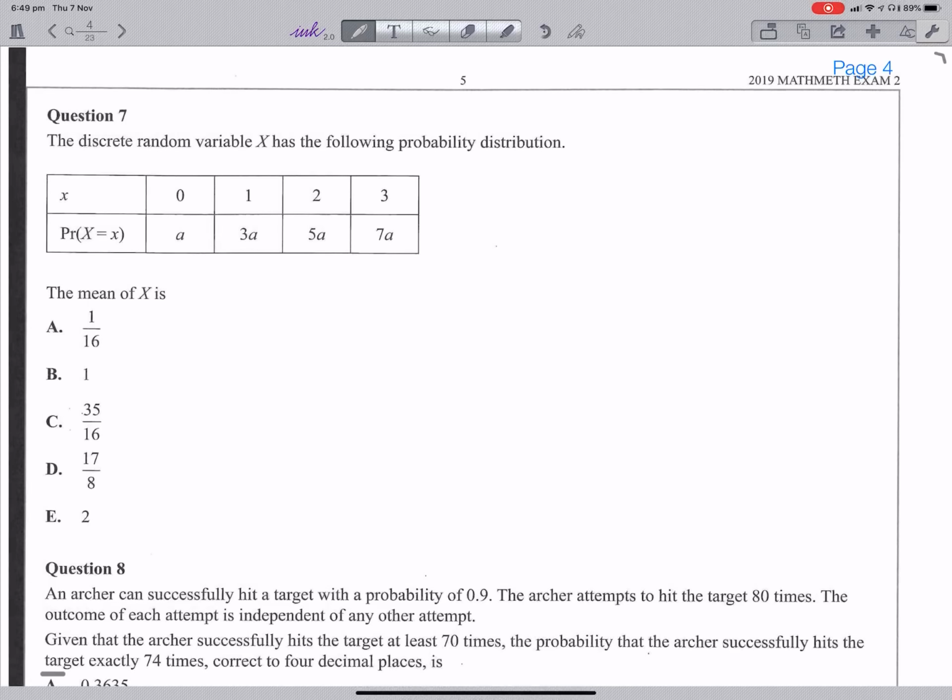Discrete random variable has that probability distribution: a, 3a, 5a, and 7a. That's 16a, so a equals 1 on 16. So we get 3 on 16, 2 times 5 is 10 on 16, 3 times 7 is 21 on 16.